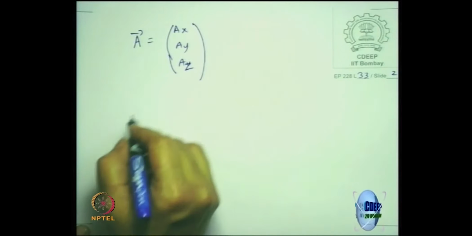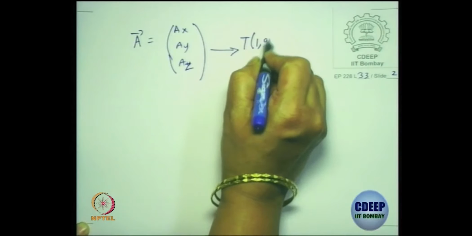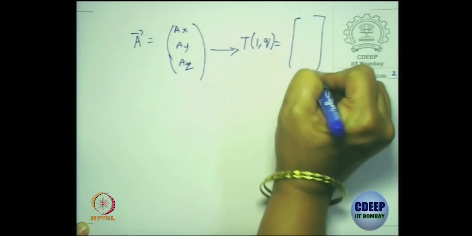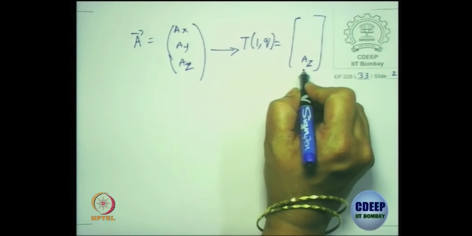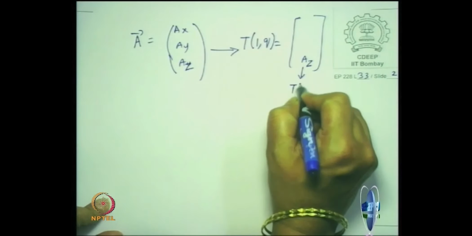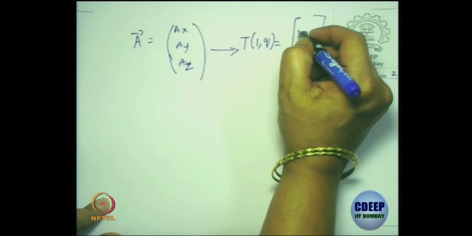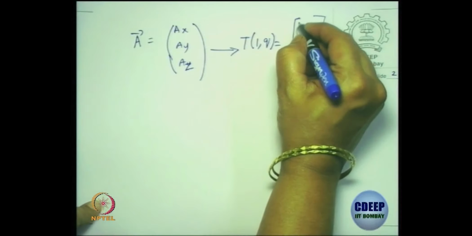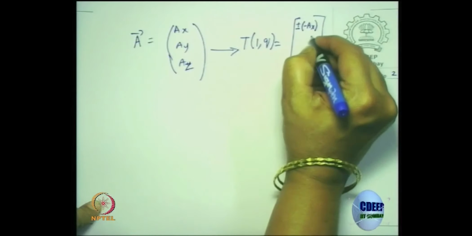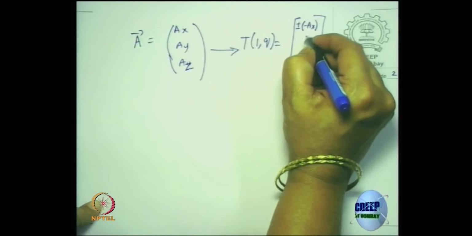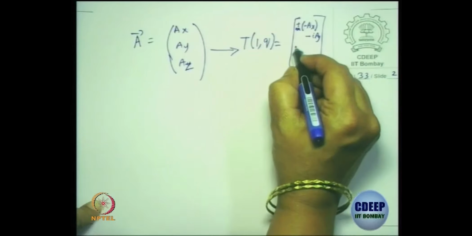You can also rewrite this as a tensor of rank 1, q, with Az, which belongs to T(1,0), and the others as plus or minus Ax minus iAy. So this is plus and the other one is minus.